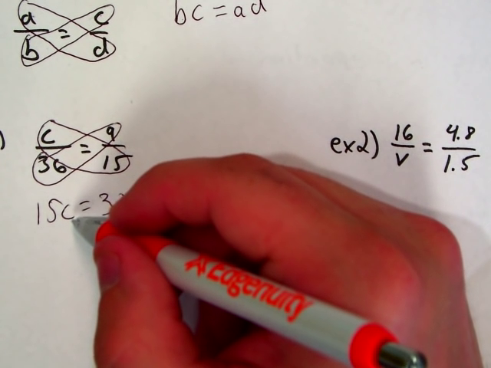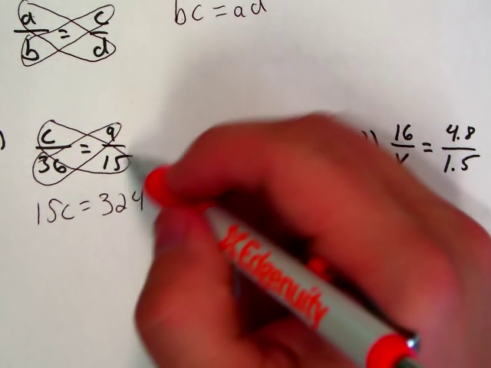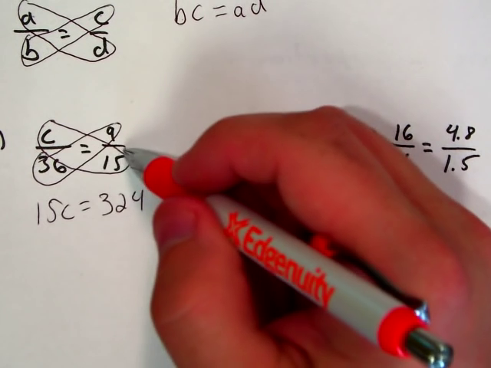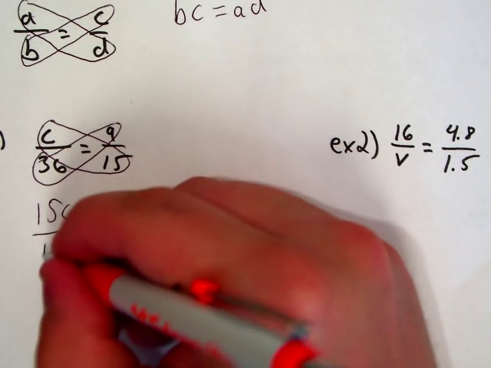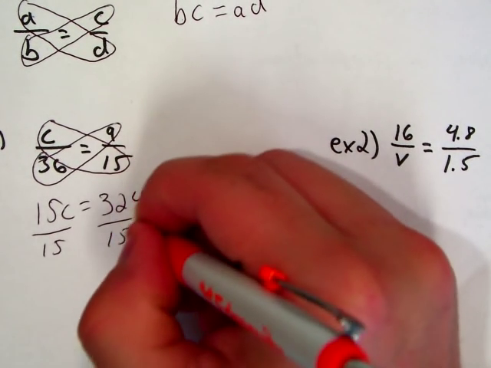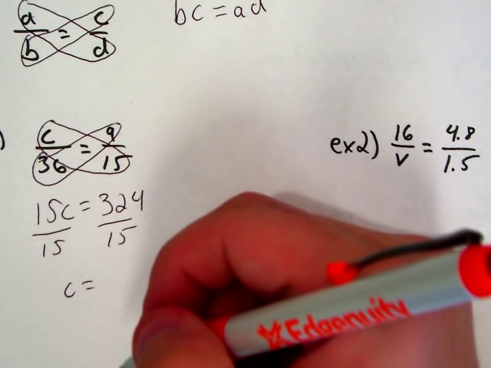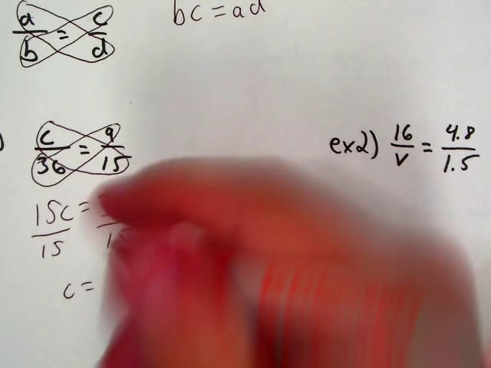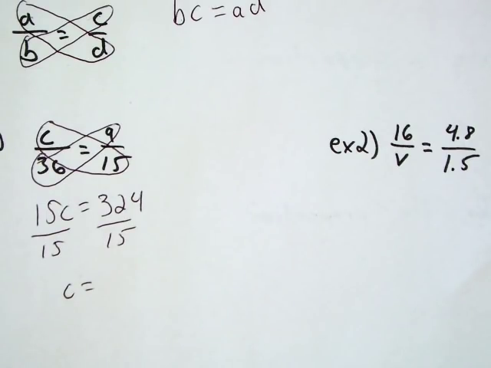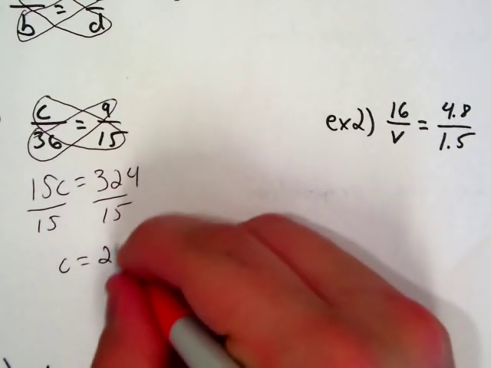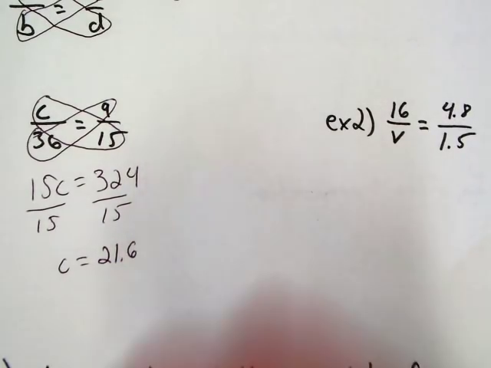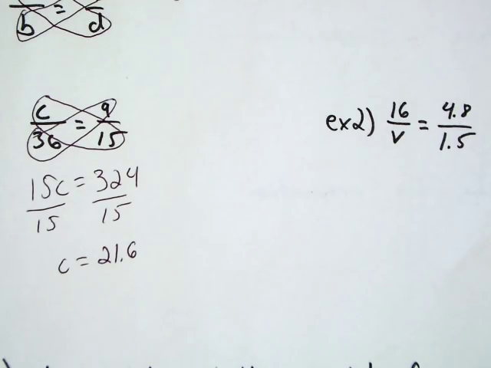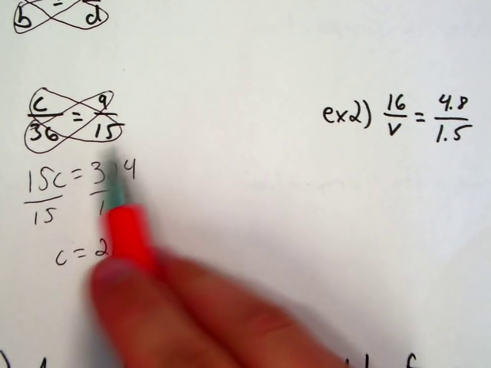I want to find out what this missing piece would be in order to make these proportional. So I divide by 15 to get C all by itself, and I would see that C is equal to 21.6. So 21.6 is what substitutes in for C in order to make this proportion true.